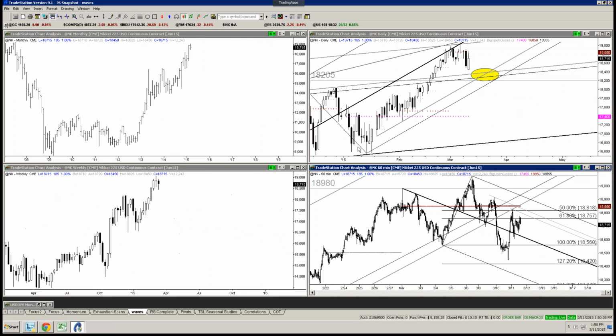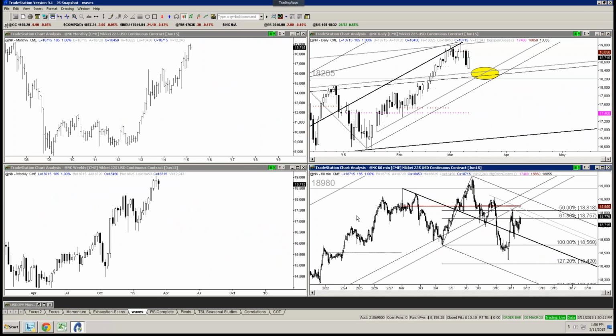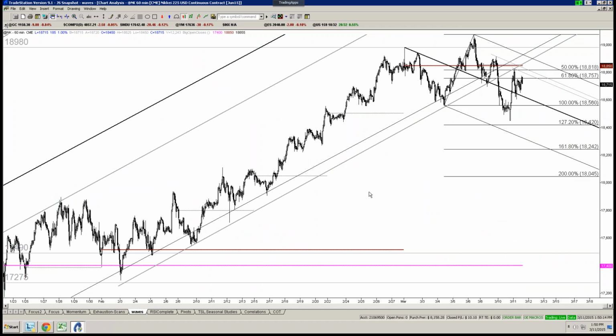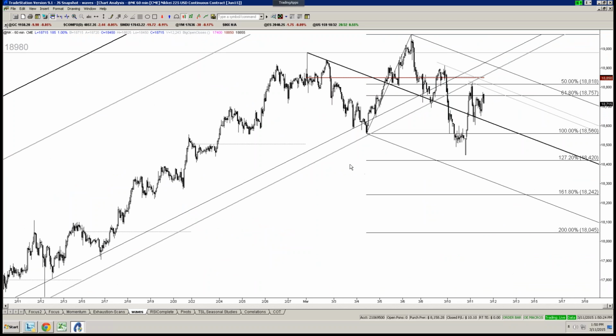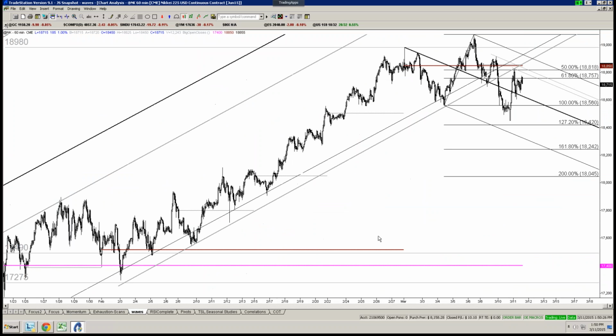So here's the Nikkei. I don't know if the Nikkei's telegraphing a dollar yen breakdown, but it might. You can see the support, pretty darn nice, precise, here, here, here. It's a really good support, right?